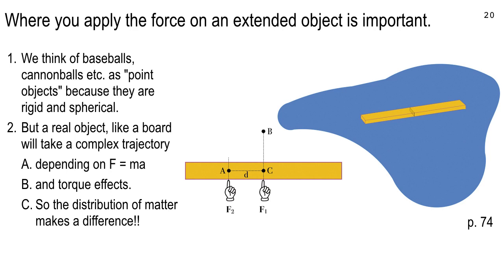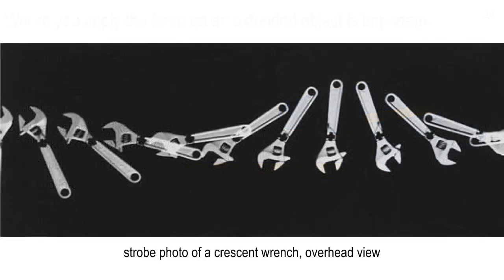Now, a complex trajectory means it's translational and also rotational. Here's an example of translational motion, a crescent wrench, and this is obviously a metric crescent wrench. This is an overhead view.